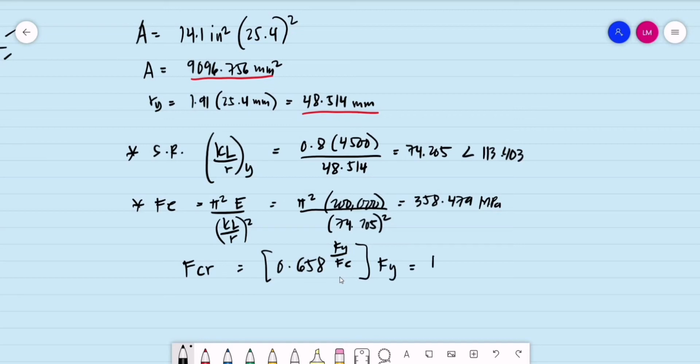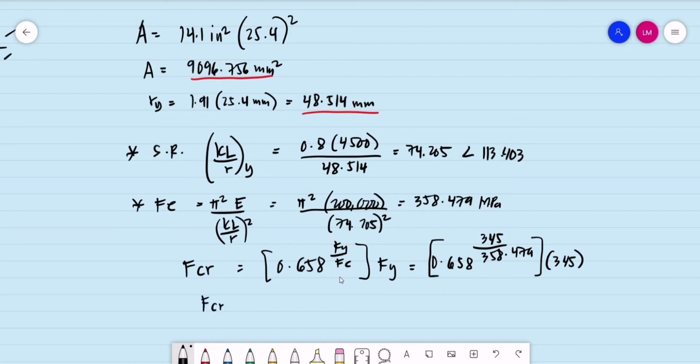So this is now equal to 0.658 raised to f sub y 345 divided by 358.479, and then multiplied by the value of our f sub y, 345 megapascals.